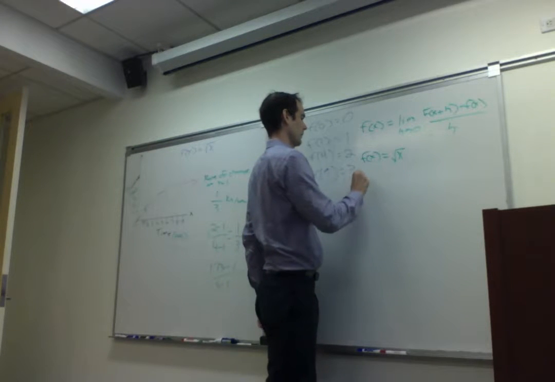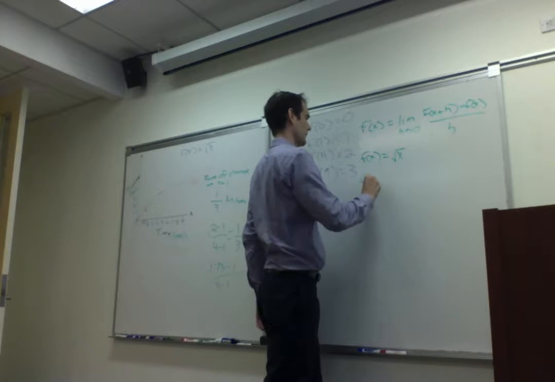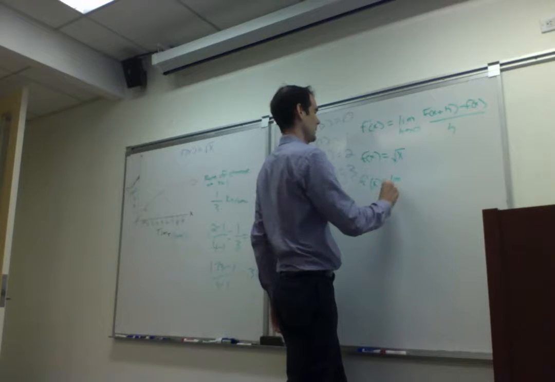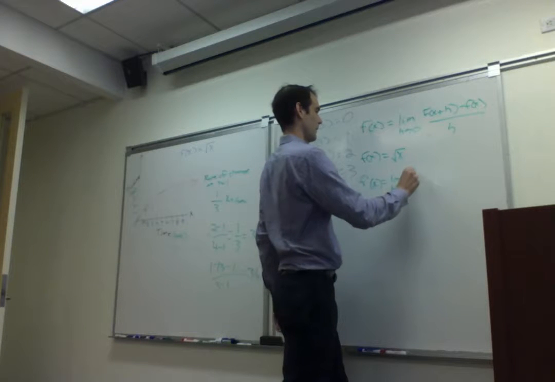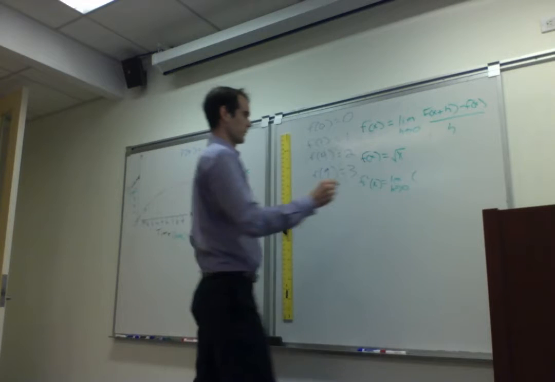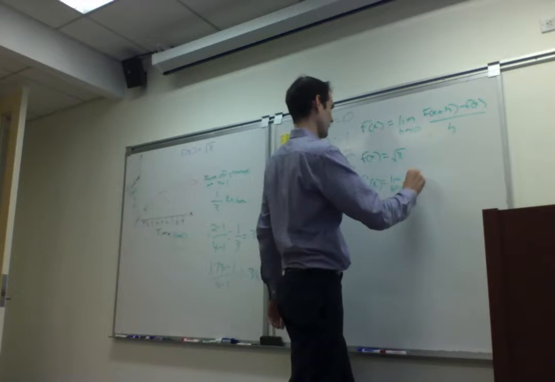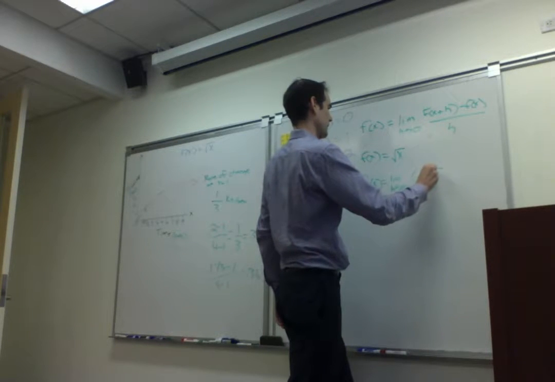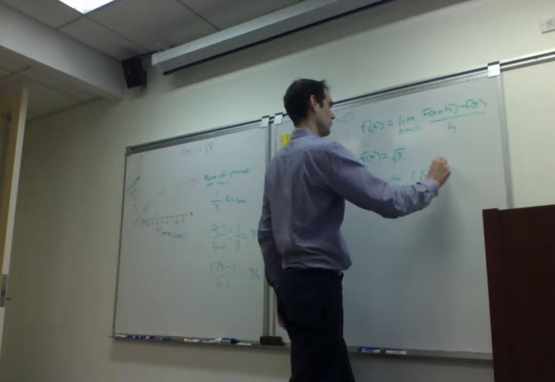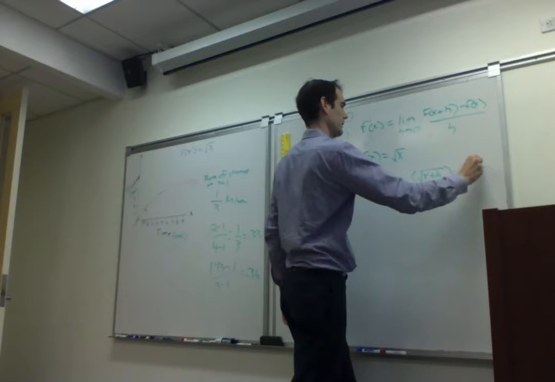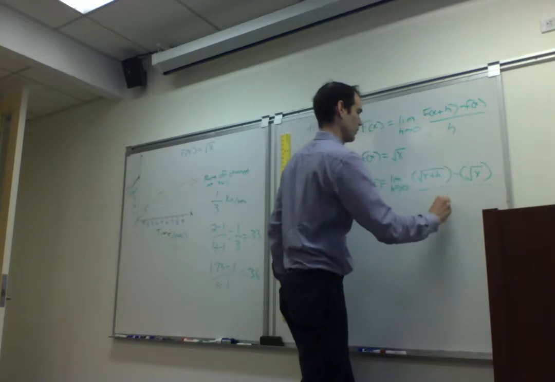So that's going to be f prime of x equals the limit as h goes to 0 of the square root of x plus h minus the square root of x, all over h.